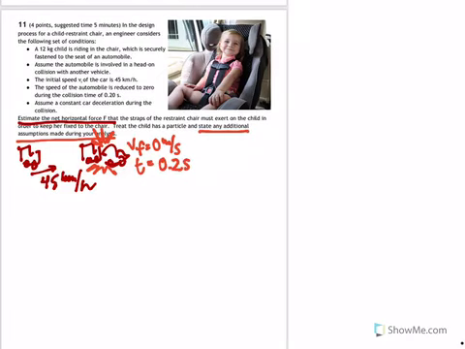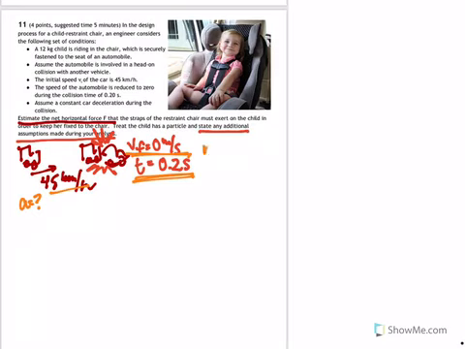So what I want to do first, if I'm going to find the net force, is I'm going to need to know the acceleration of the vehicle during that time, because the child is also traveling 45 kilometers per hour and hopefully safely being brought to a stop by those restraint belts on the seat in the same amount of time.